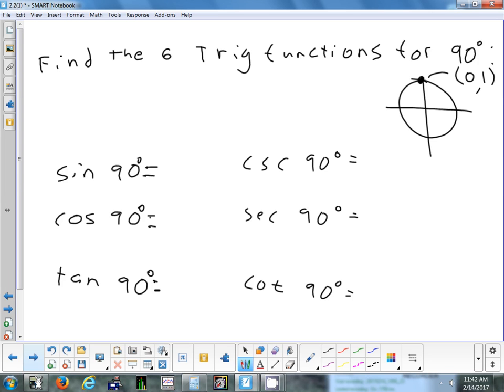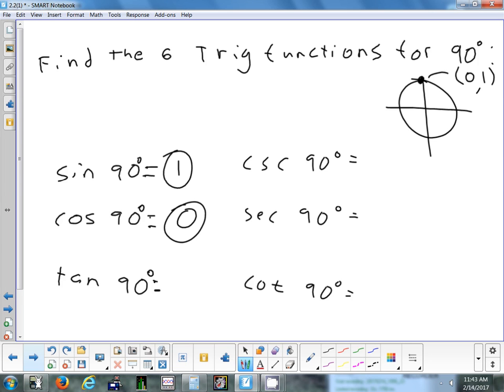Right, Henley, what's the sine of 90 going to be? Yeah, it's the y value, which in this case is 1. Okay, Jocelyn, how about the cosine? That would be 0. Yep, it's the x value, which in this case is 0.